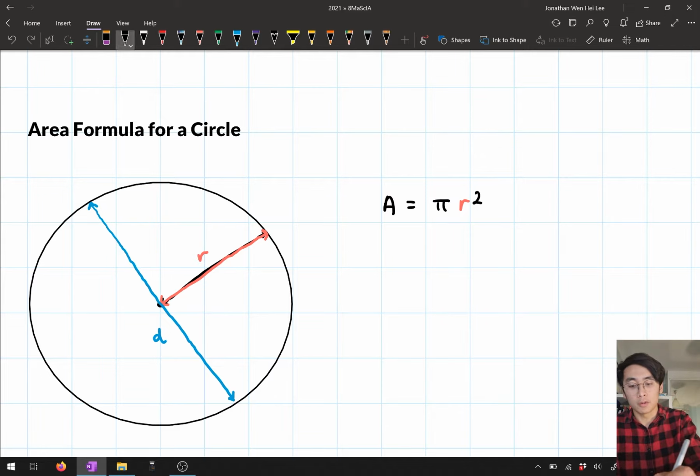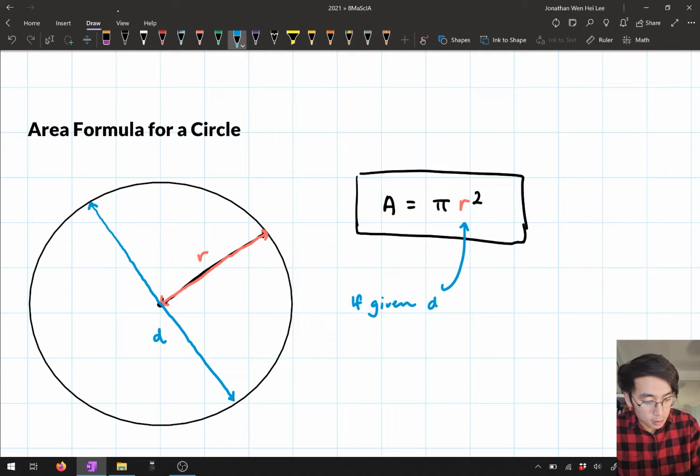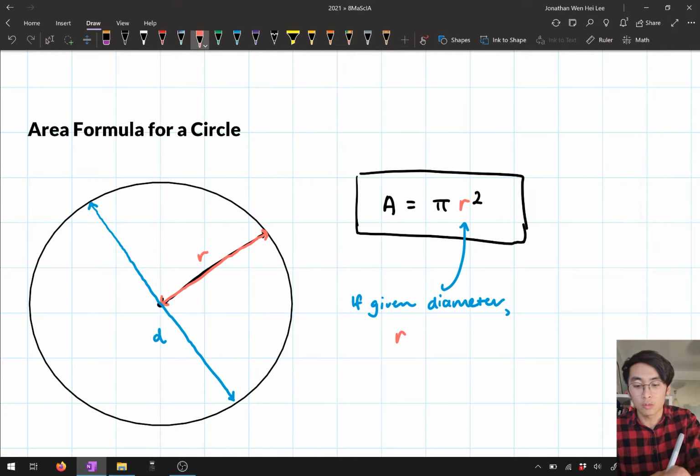Now this area formula for a circle, there's only one formula here, and we don't use diameter in here. So my important note here is, if you get given the diameter, we need to find the radius from the diameter. The radius is just half of my diameter. So it's just going to be my diameter divided by 2.